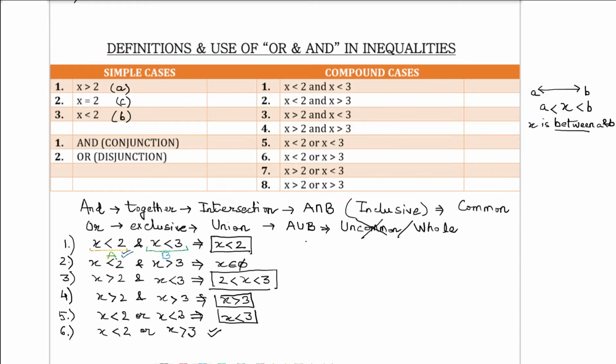Case number 7, which talks about x is greater than 2 or x is less than 3. Now here also we are referring to all the values which are greater than 2, and at the same time all the values which are lesser than 3.